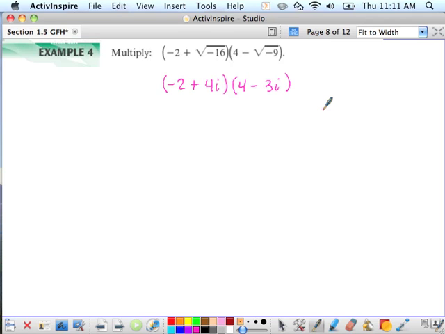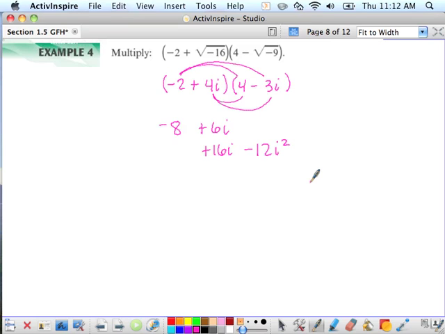So we have negative 2 times 4 is negative 8. Negative 2 times negative 3i is positive 6i. Positive 4i times positive 4 is positive 16i. And positive 4i times negative 3i is negative 12i squared. Before we go any further, what is negative 12i squared going to become in the next step?